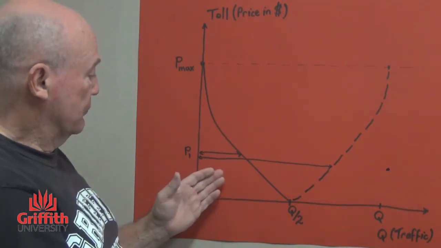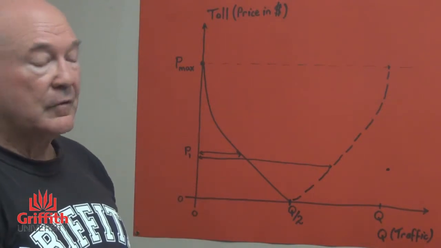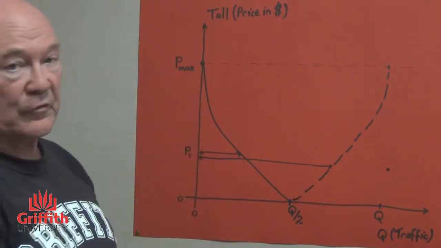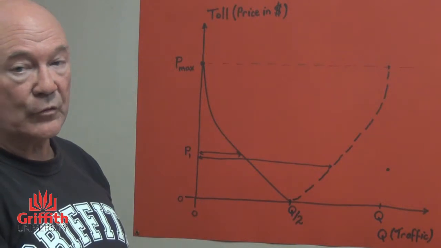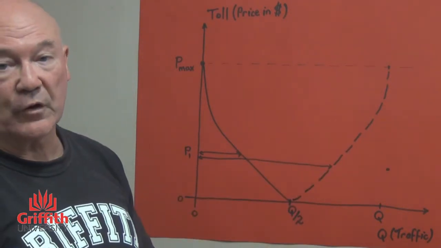So what happens is that the price not only determines the traffic on the toll road, but it also determines the traffic on the free road.